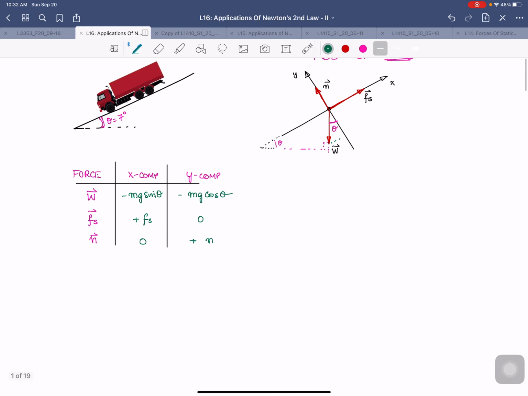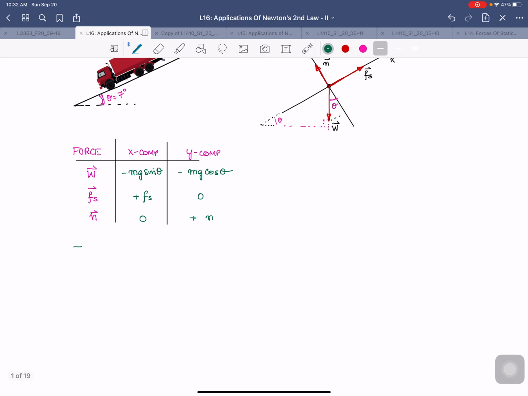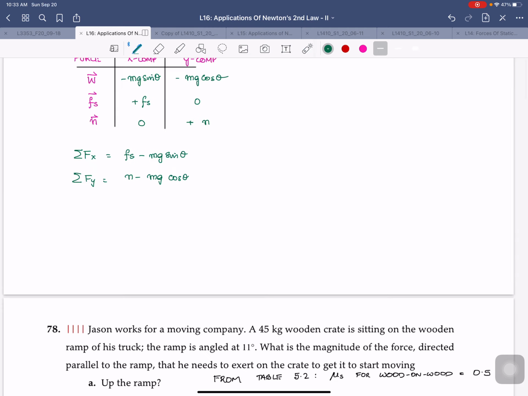Now, to answer this question, how big is the frictional force? Well, we've got the net force in the x direction is f sub s minus mg sine theta. And we also have another equation. The net force in the y direction is n minus mg cosine theta. Applying Newton's second law.